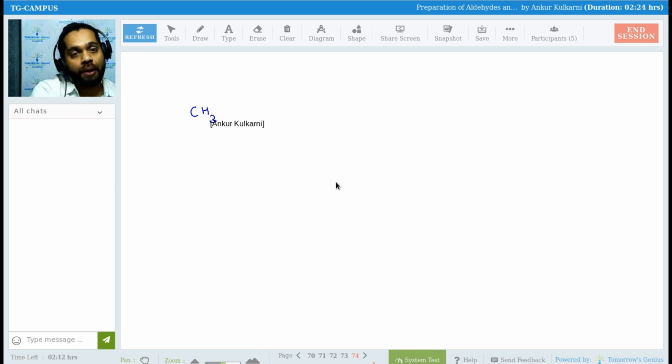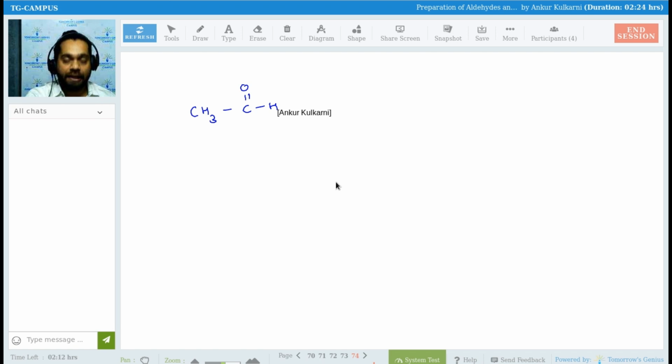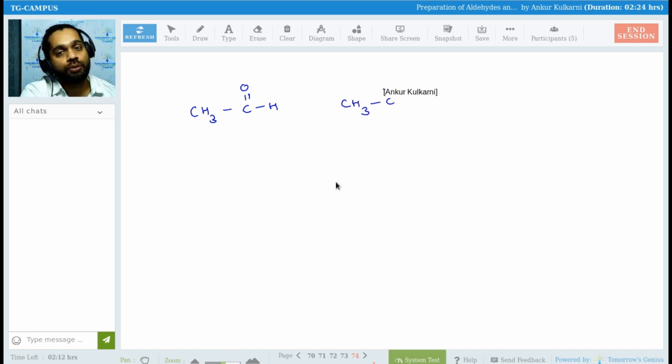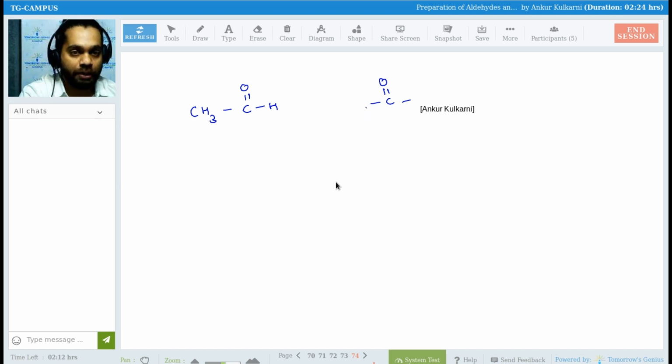Aldehyde means you have R, C double bond O, H. If you have H, it is aldehyde. If you have C double bond O with R, it is R C O R, which is ketone. So remember, this is aldehyde and this is ketone.